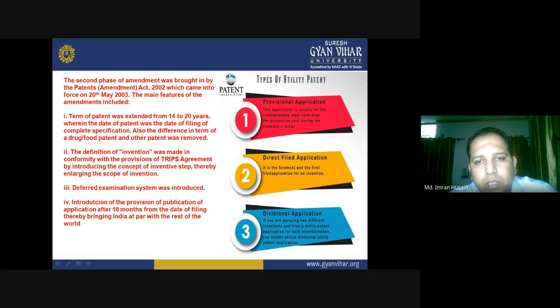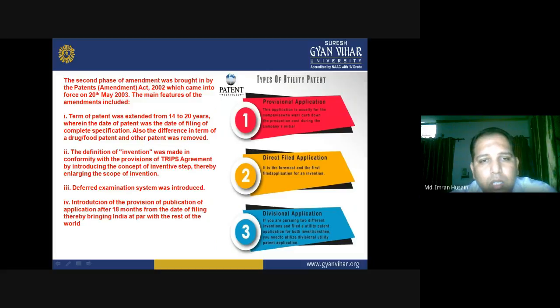Whenever there is a change in the scenario, whenever there is a change in the rules internationally, India has also observed the things that are of great utility or logical significance. It has been made significantly reliable, and the changes were introduced from time to time.